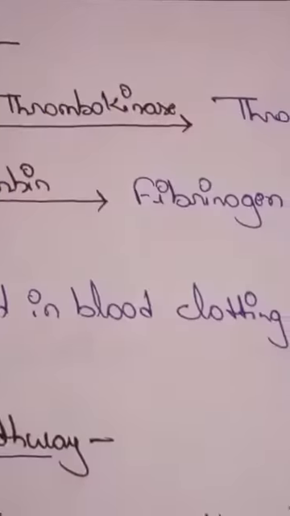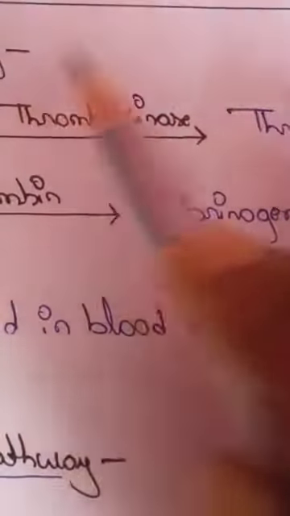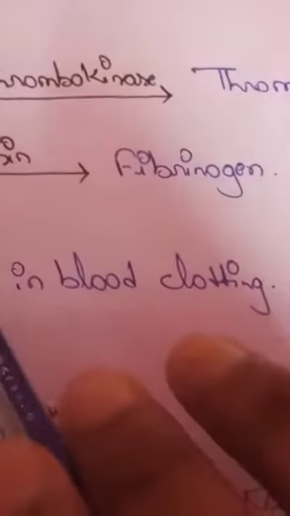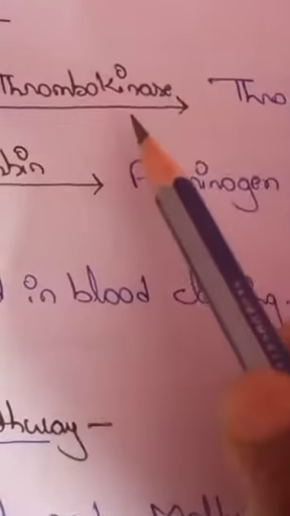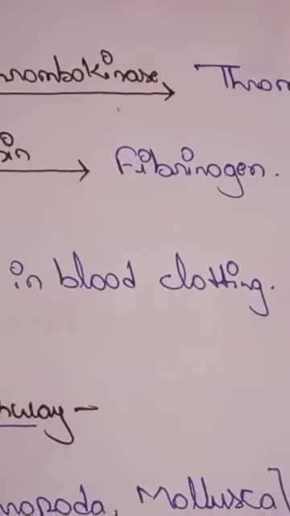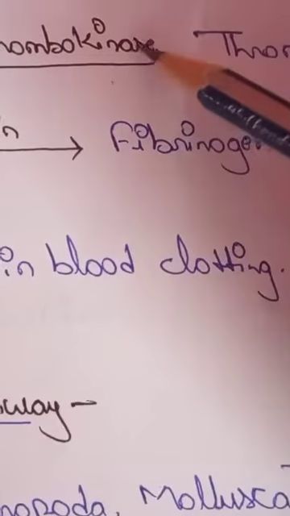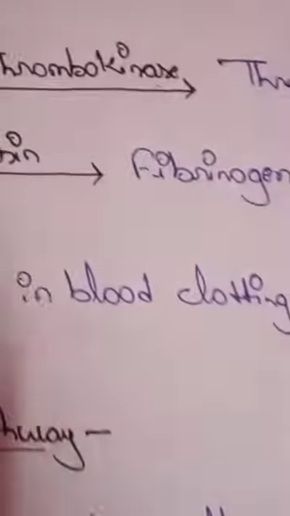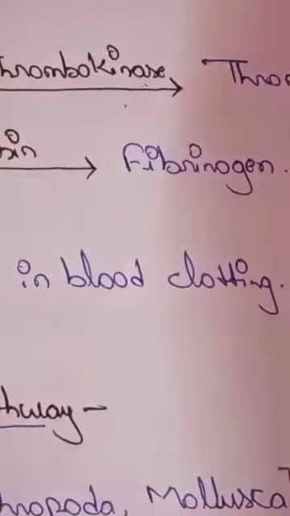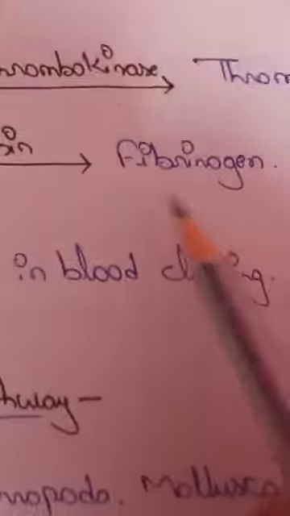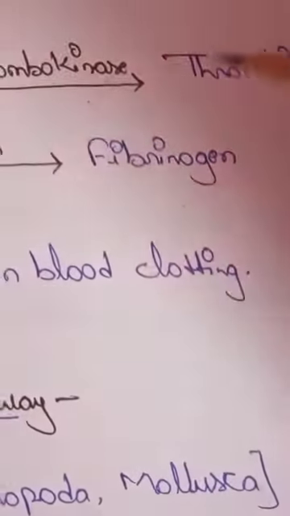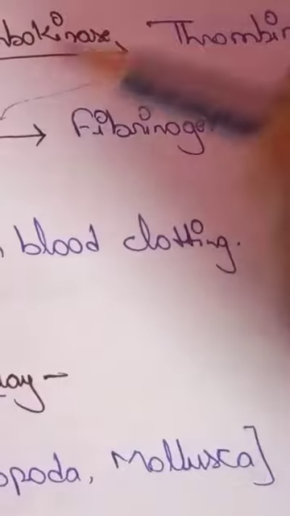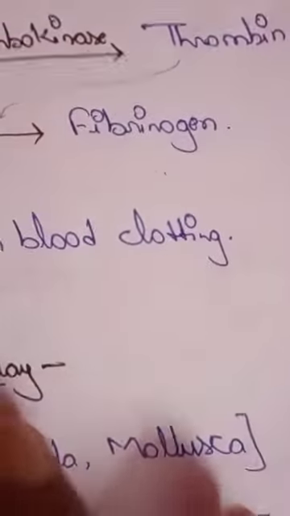Now the process of blood clotting. Prothrombin is converted into thrombin by thrombokinase, and fibrinogen is converted into fibrin, the agent being thrombin.